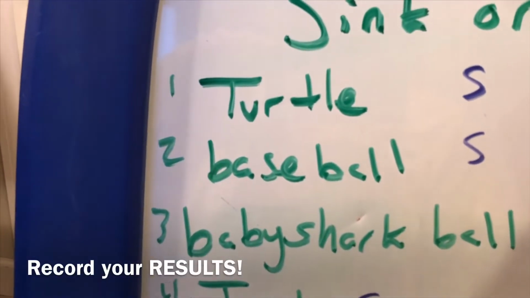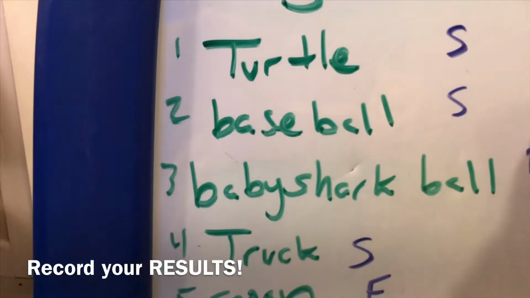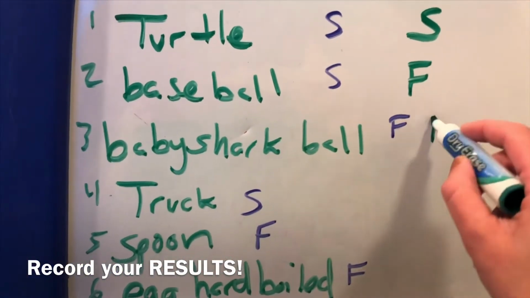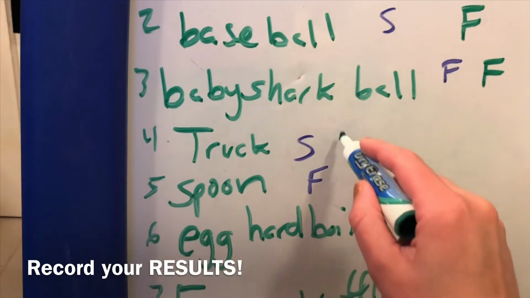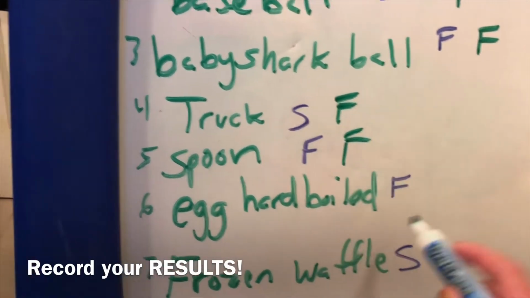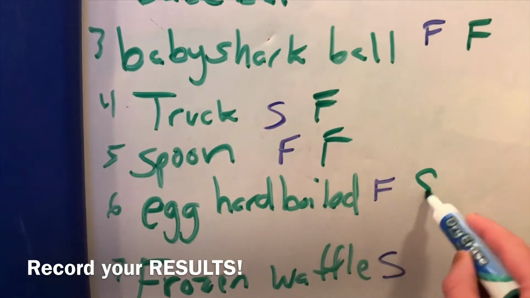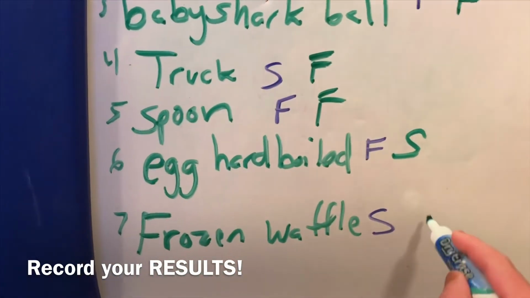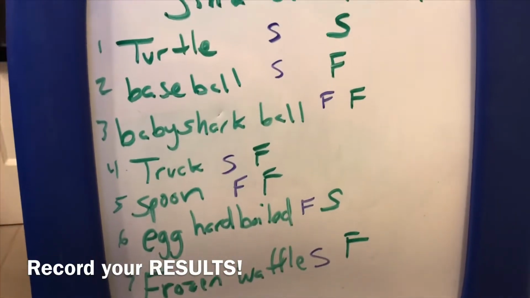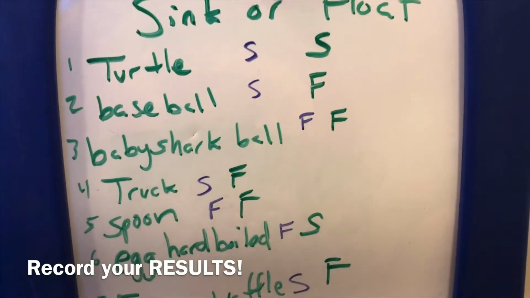The turtle did sink, the baseball floated, baby shark did float, the truck floated, we are wrong. The spoon did float, we were right. Hard-boiled egg, it sunk, and frozen waffles, it did float. Okay, so there is our data table. Make sure you do a data table on your own sink or float experiment.